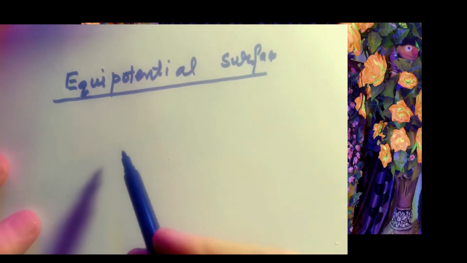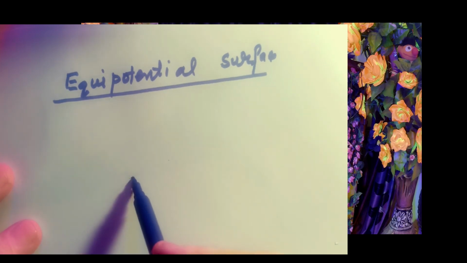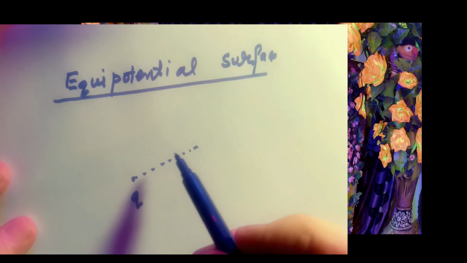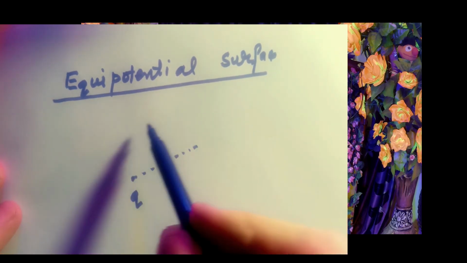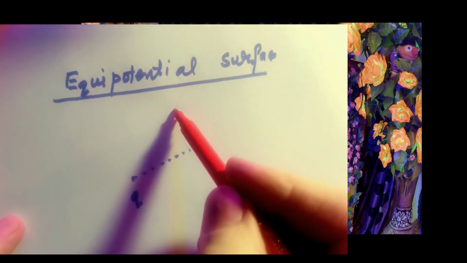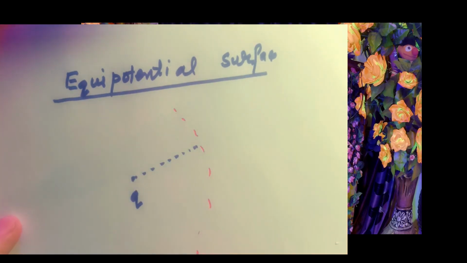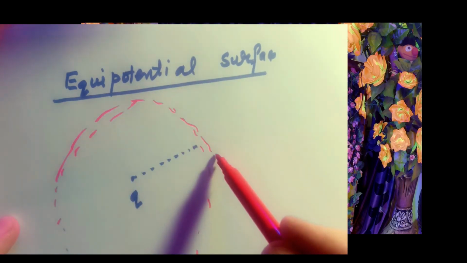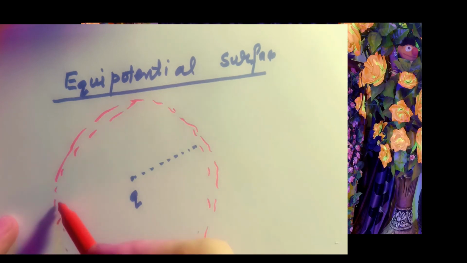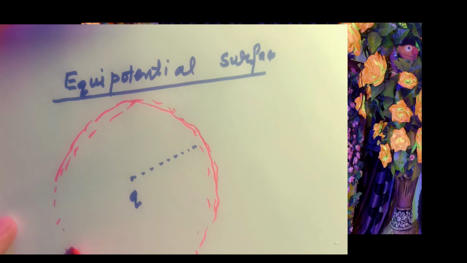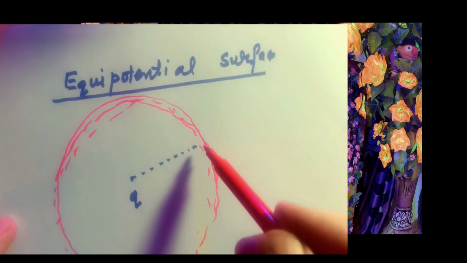Very simple. Like this is a charge, okay? And around the charge, you draw a sphere. Sphere means like a ball, a surface like a spherical ball. So this is a surface, okay? I draw a spherical surface like a ball.